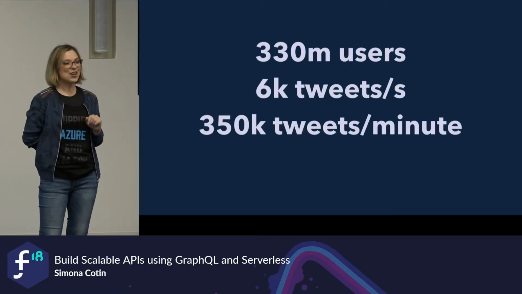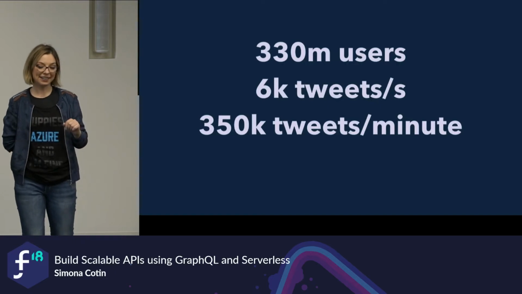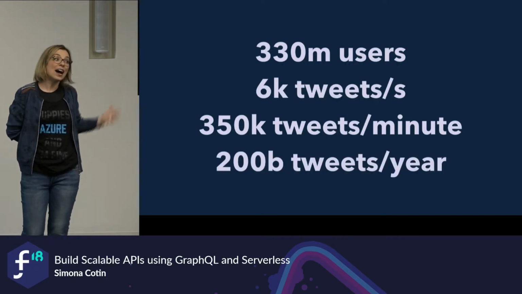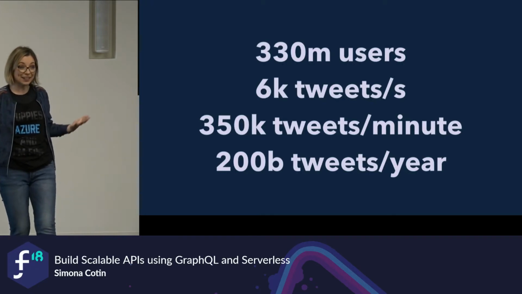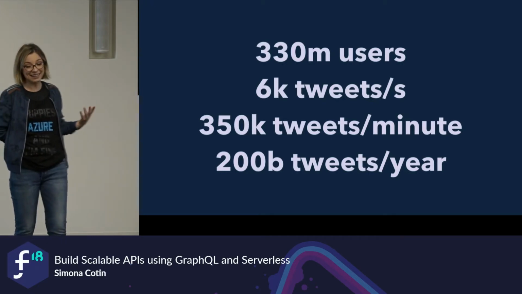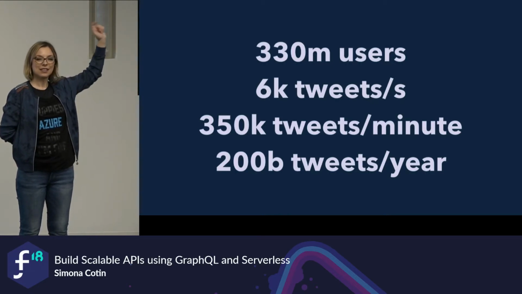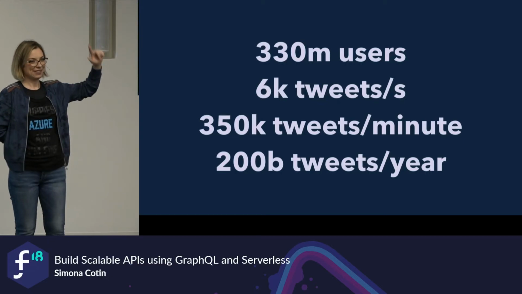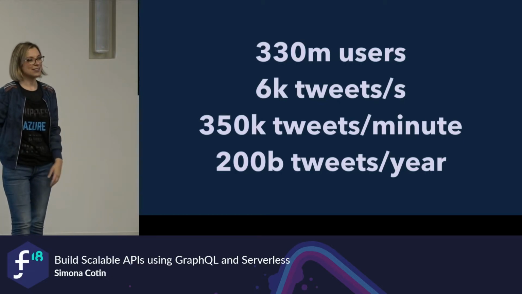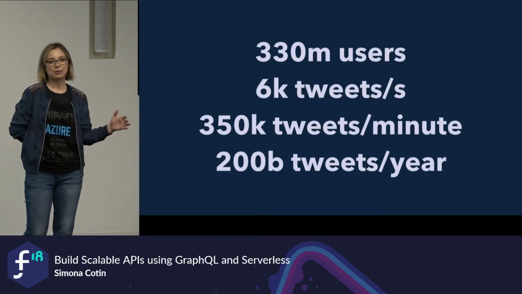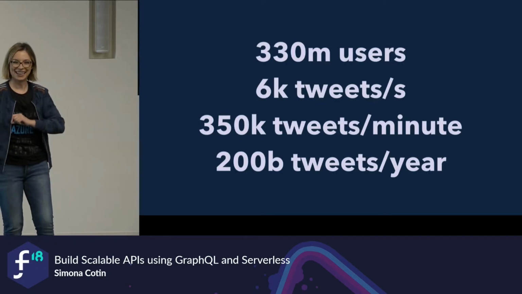That adds up to 350K tweets per minute, which in total is 200 billion tweets per year. That's amazing, right? How many of you are working in a company that's this kind of scale? That's huge. I see maybe a couple of hands there, but most of us are working on like mordable, no, that's not a word, sorry.